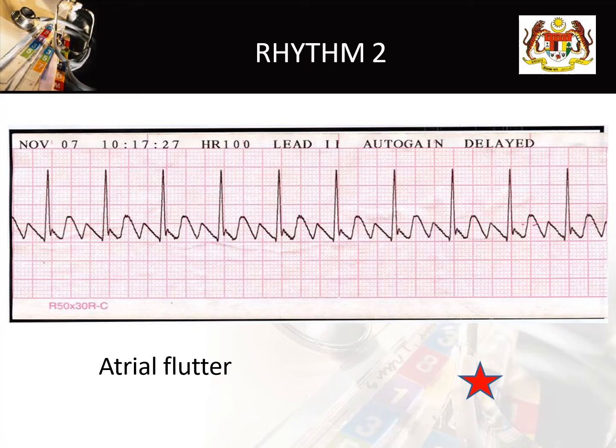So this is the classical sawtooth appearance. Usually the atrial flutter is due to a re-entry circuit at the right atrium. So the atrium will contract very fast, and then the ventricle will contract normally. So this one is a 3-in-1 block of the atrial flutter.